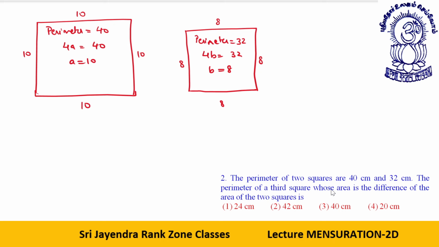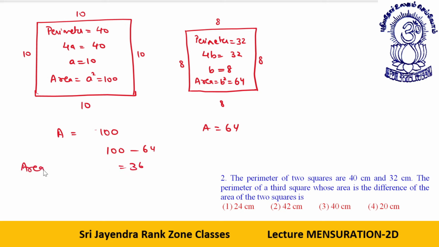The perimeter of a third square whose area is the difference of the areas of the two squares. So what will be the area? Area will be a square, that is 100. Here the area will be b square, that is 64. 100 minus 64 is equal to 36.